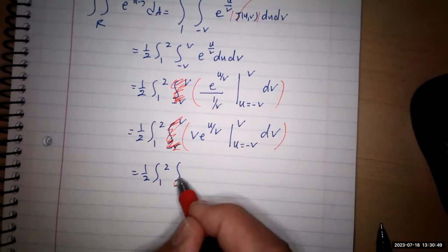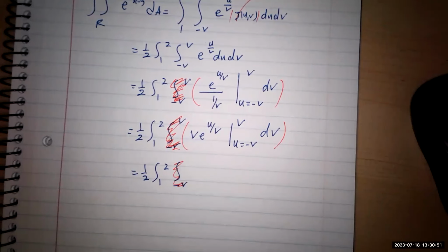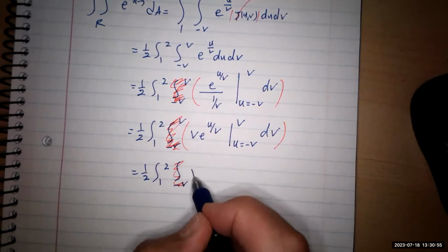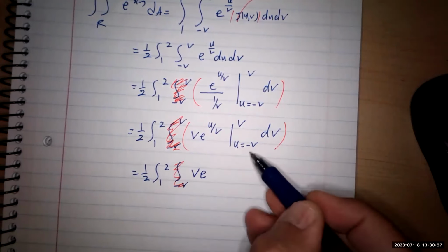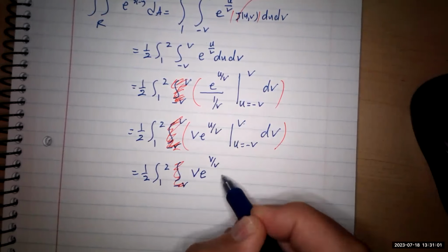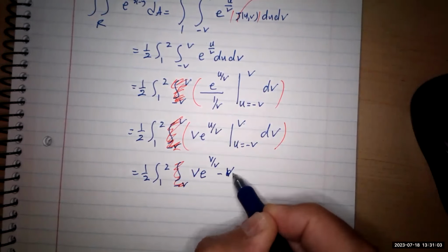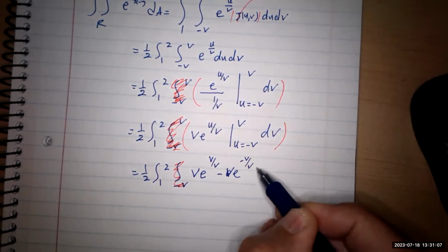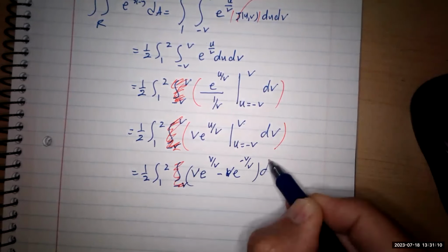So I'm going to substitute. I have to put u equal to negative v. So it's going to be messy, but not bad. If you put u equal to v, that gives you v squared, I'll write it down for you, minus v e to the negative v squared, and the dv.